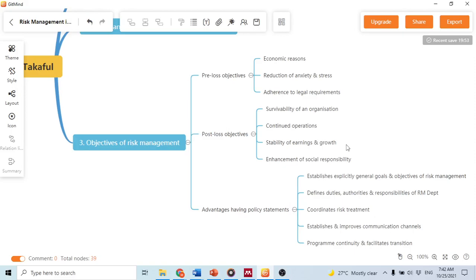Even after the occurrence of risks which create loss to the company, an organization which has a good risk management program can easily diversify its business to ensure that it can have stable earnings and growth. During COVID-19, for example, you can see airline companies such as Air Asia and Mas. When they did not have permission to operate, people could not fly.